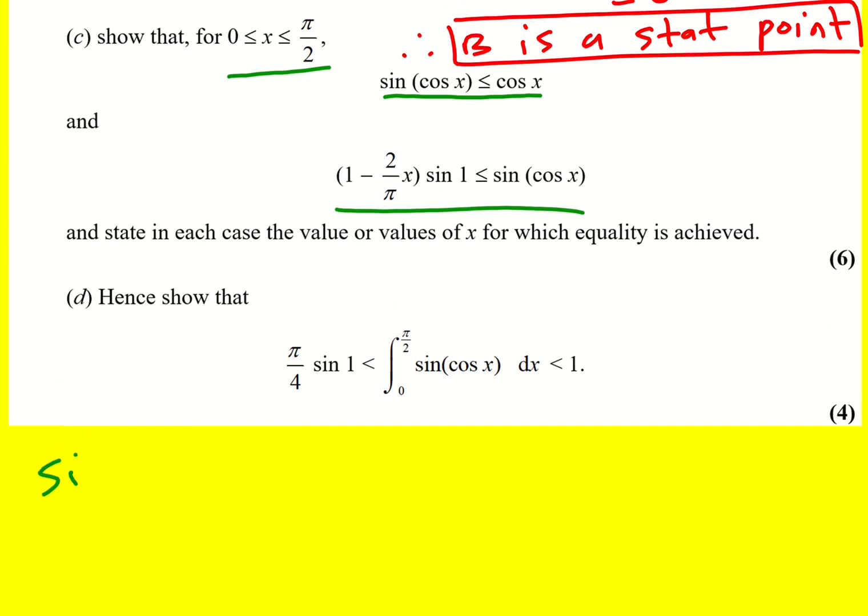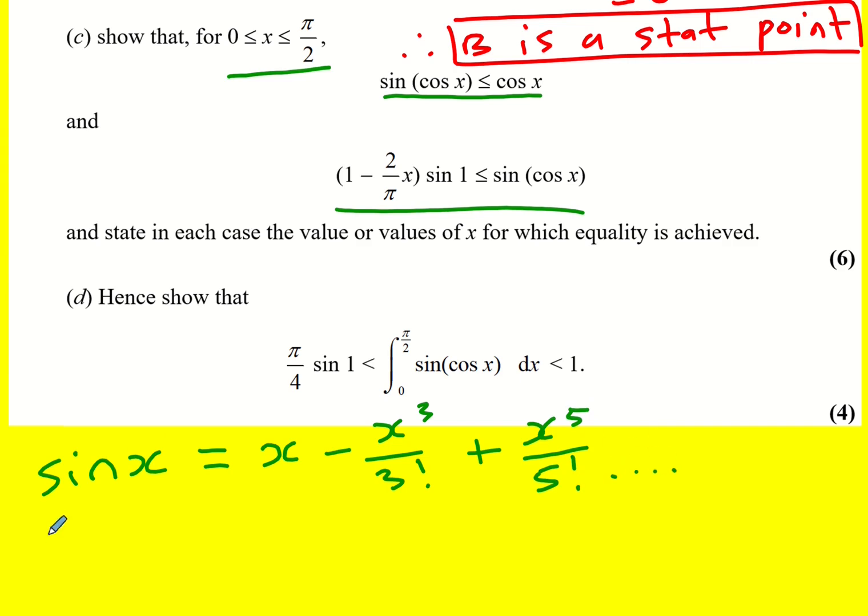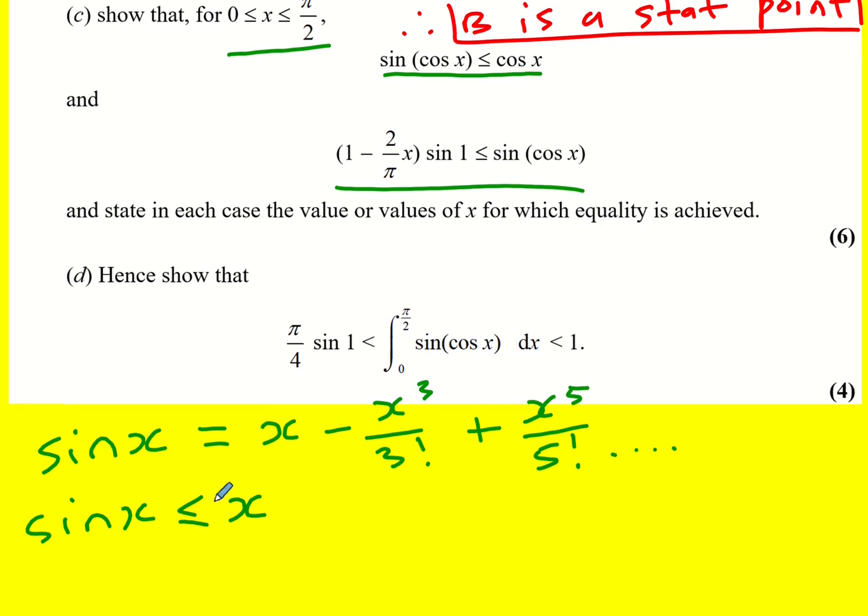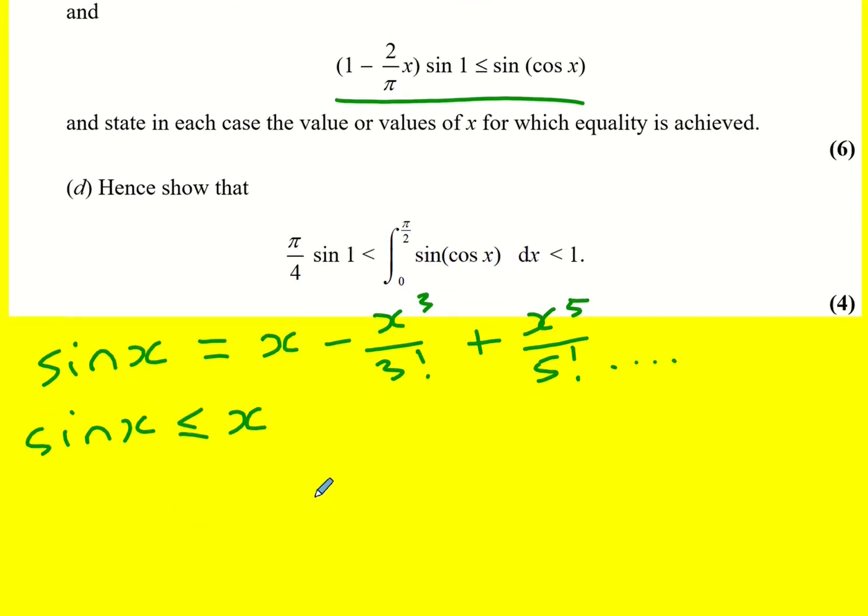In fact, sine x equals x minus, this is a Maclaurin expansion. In A level, you tend to be given that for small angles, this is approximately equal just to x. But the key thing is that sine x is always less than or equal to x, and they're equal when x is equal to 0.